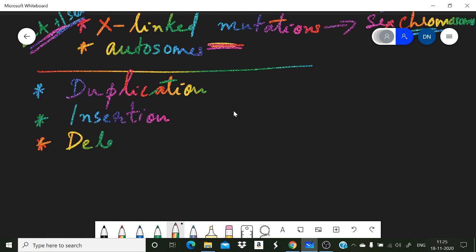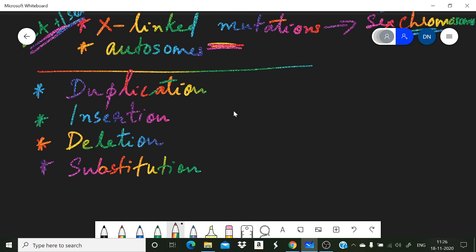Or deletion, if any chromosomal segment or gene is deleted, that may lead to a mutation known as deletion. Or sometimes it may be substitution. Some segments may substitute another segment, or it may be due to substitution of bases.